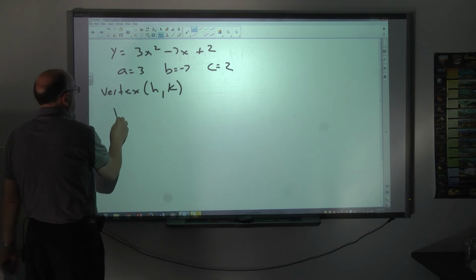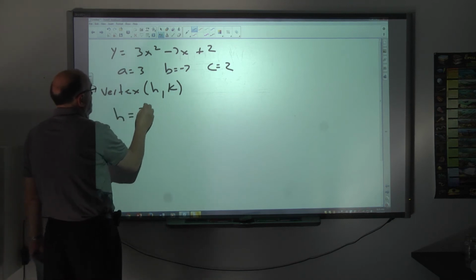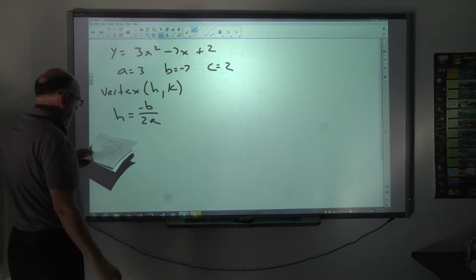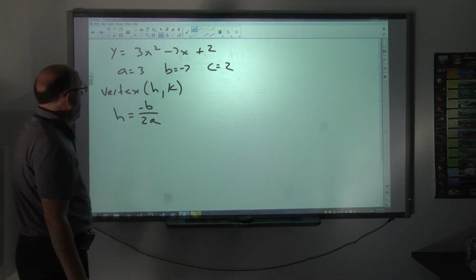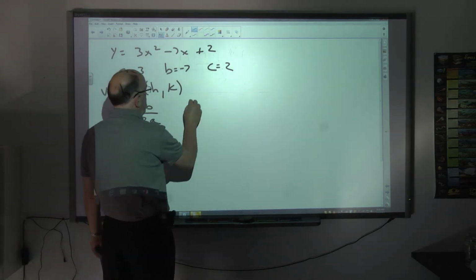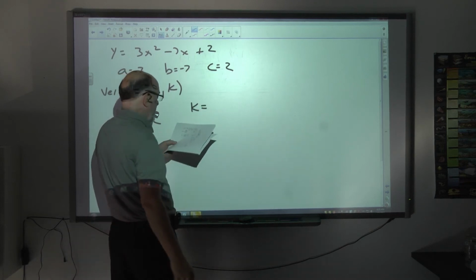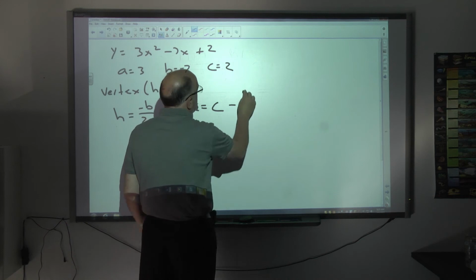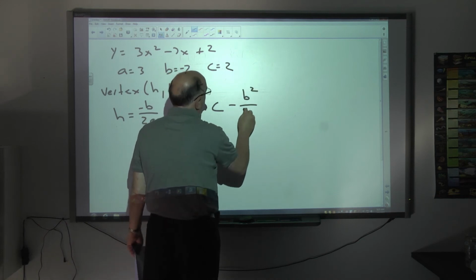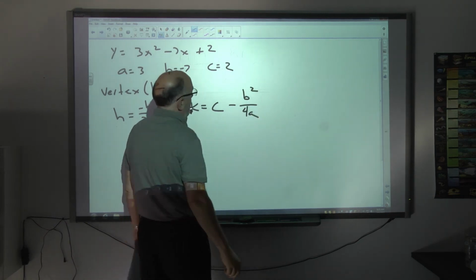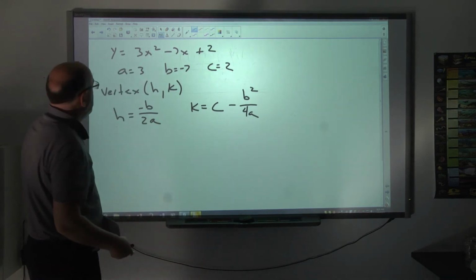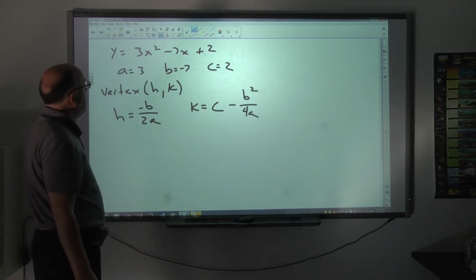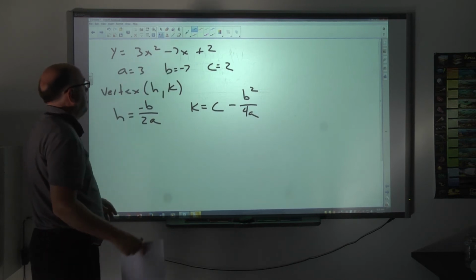The h is given by minus b over 2a. The k value we can do either of two ways. It is given by c minus b squared over 4a, or if we know h, we could plug in and get the other number.